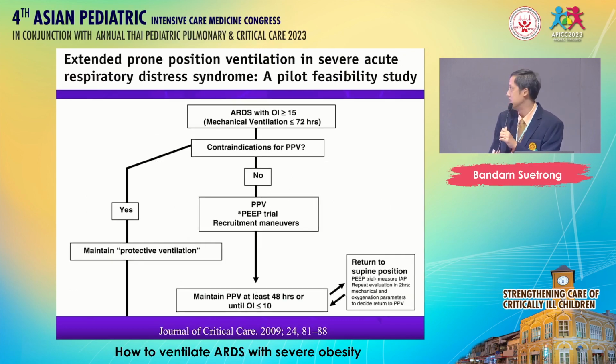This protocol is called extended prone position. My nursing staff and I at the PICU Thammasat usually put the patient on prone position for up to 48 to 72 hours, doing nursing care in prone position as long as we can.